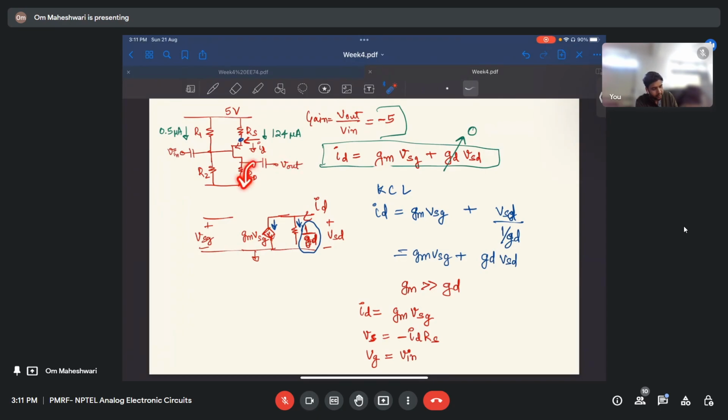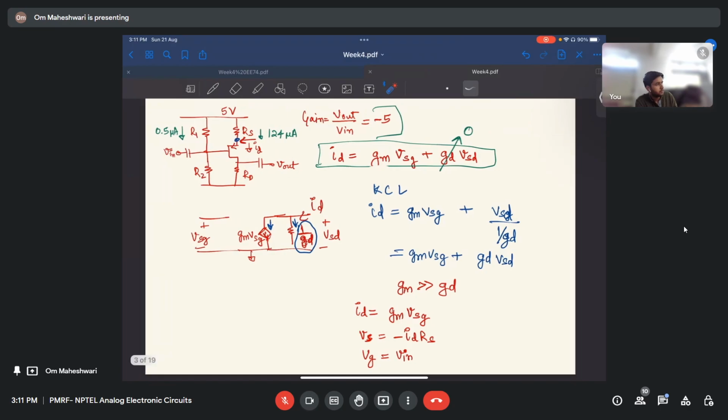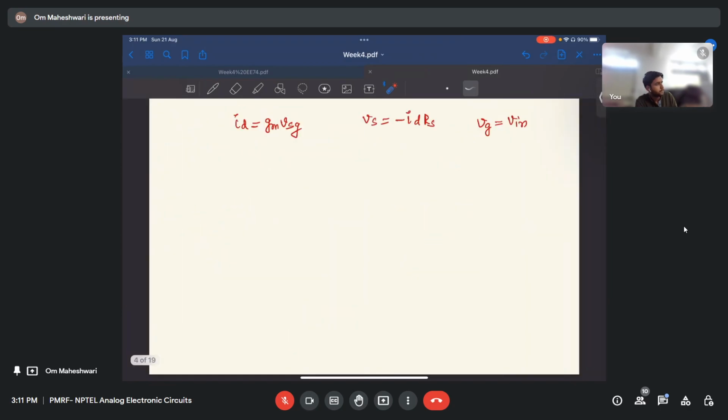V out will be ID RD, right? V out equals ID RD. So ID equals V out by RD.